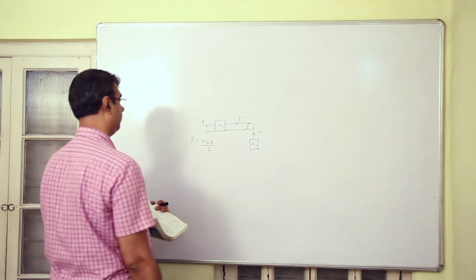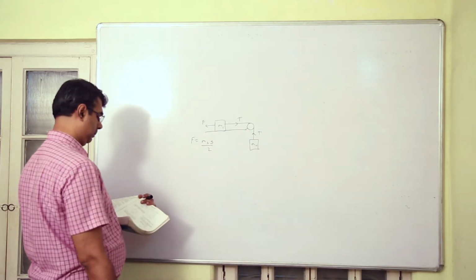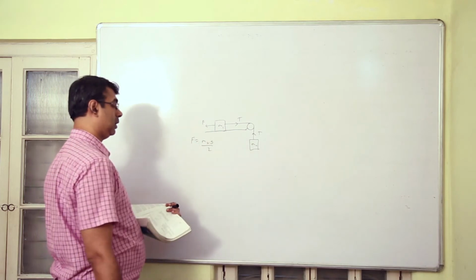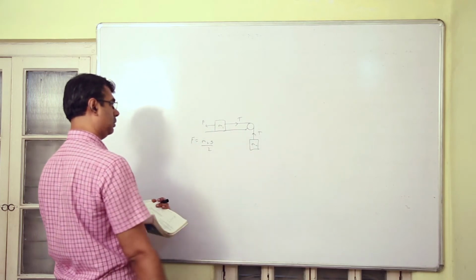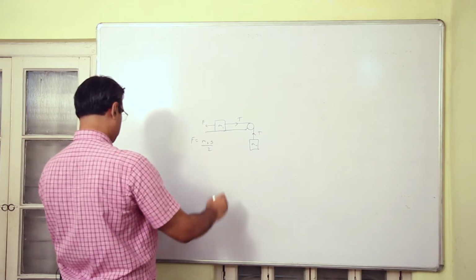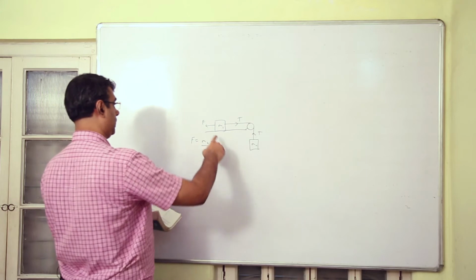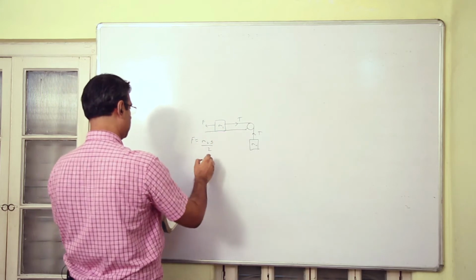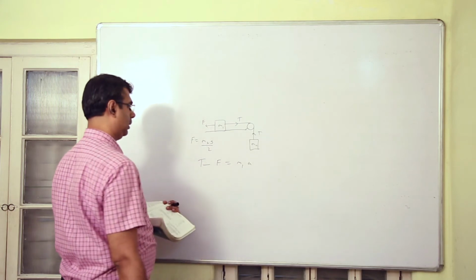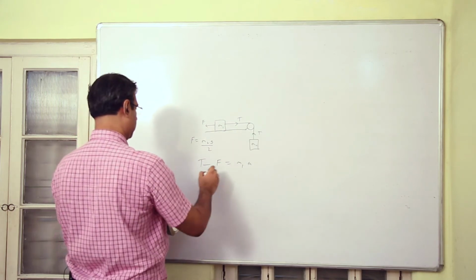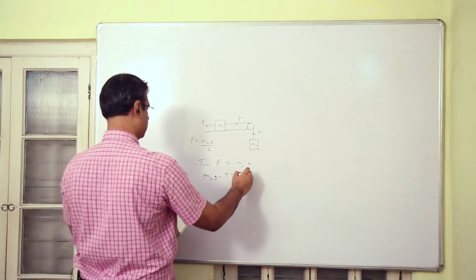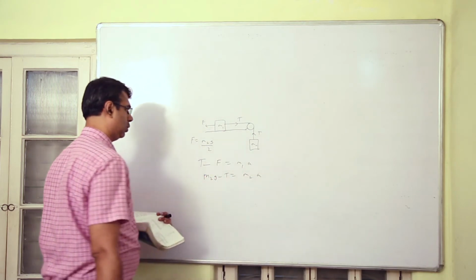Now in this question, it is very important to note that this body will move in a horizontal manner, whereas this body will move in a vertical manner. Now, because this body will move in a horizontal manner, we can say that the motion of this body is given by T minus F is equal to m1a, and this body will move vertically, so m2g minus T is equal to m2a.